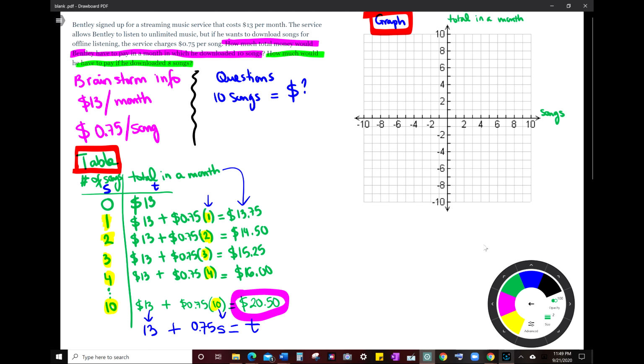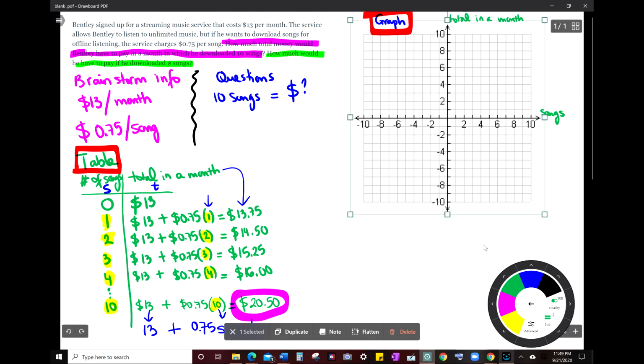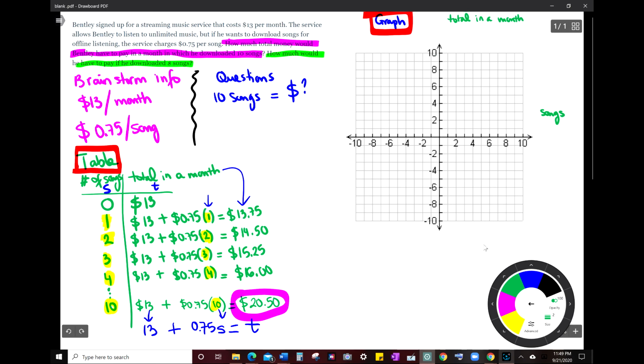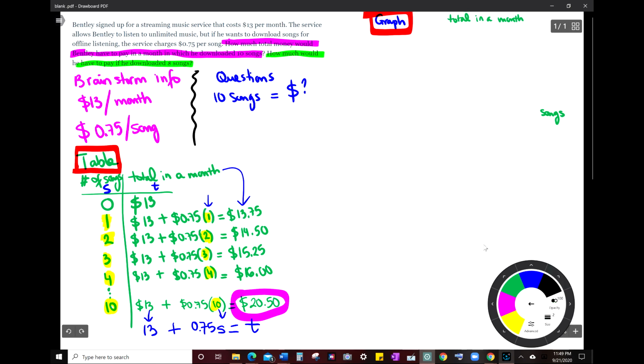Actually, this graph doesn't help that much, because we need $13, but this maximum is just 10, so I will remove this one and make a new graph.